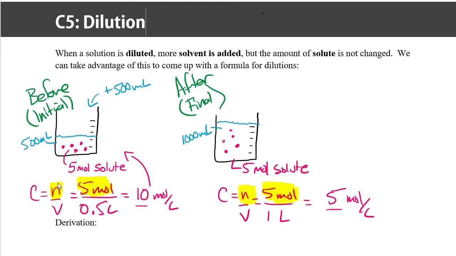And I want to keep in mind that my N stayed the same. The number of moles of solute stayed the same. Concentration changed, started at 10, ended at 5. My total volume of solution changed, started at 0.5, ended at 1. But my number of moles of solute stayed the same.